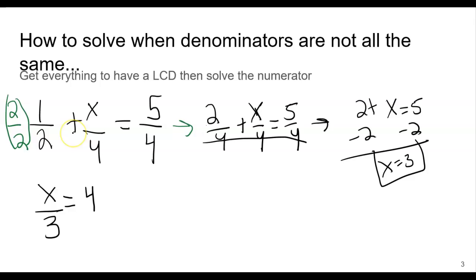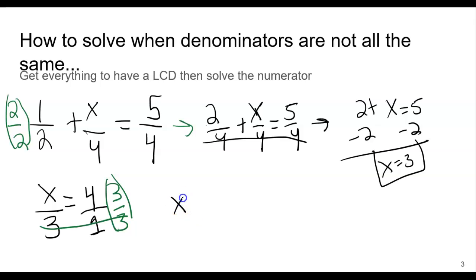So if we look at this one down here, it may appear like this is not a fraction, but I can write that over 1. So really, I need everything to have a 3 on the bottom. So I can multiply this by 3 over 3. If you think of this another way, that's fine. That cancels out.